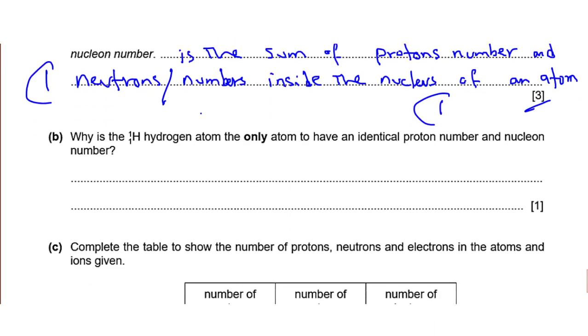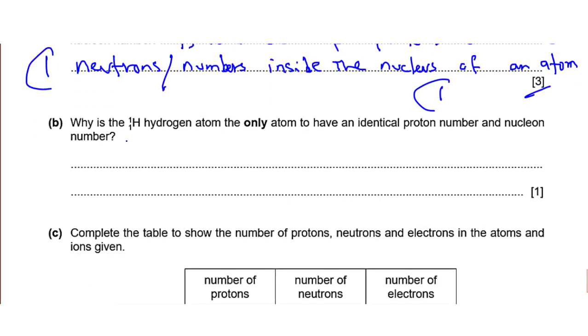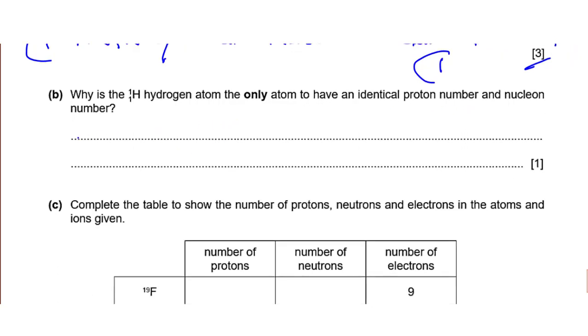Let's go letter B. Why is the 1,1 hydrogen atom the only atom to have an identical proton number and nucleon number? Actually guys, remember here in case of hydrogen, the number down here is the proton number. It means we have only 1 proton within the nucleus, and at the top we have only 1.